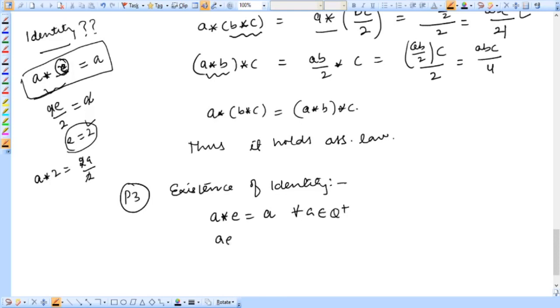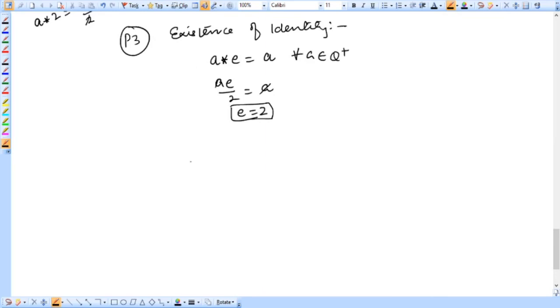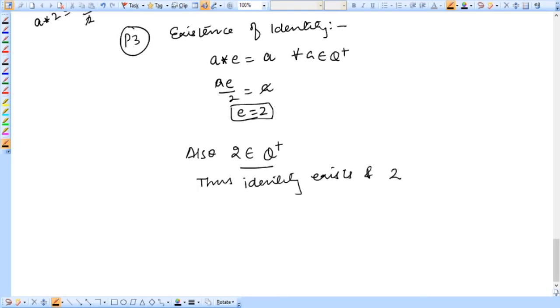Now you see ae by 2 becomes equal to a, gets cancelled and e becomes equal to 2. Therefore also you write 2 is an element of Q positive. Thus identity exists and 2 acts as identity.